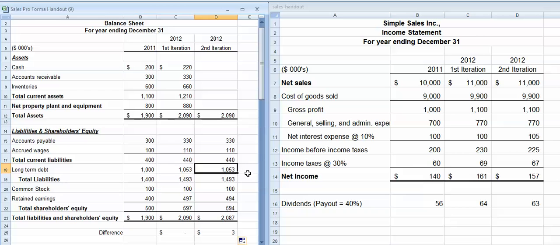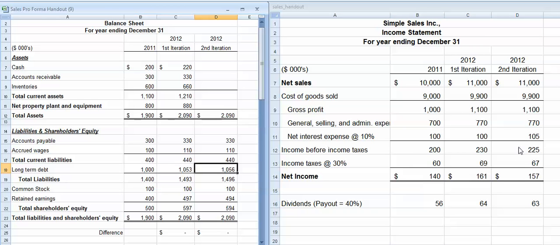So obviously we can see the only way we would make this balance sheet work is if instead of having $1,053 in debt, we had $1,056 in debt. Problem: as we increase our long-term debt, it no longer ties directly in with our income statement.